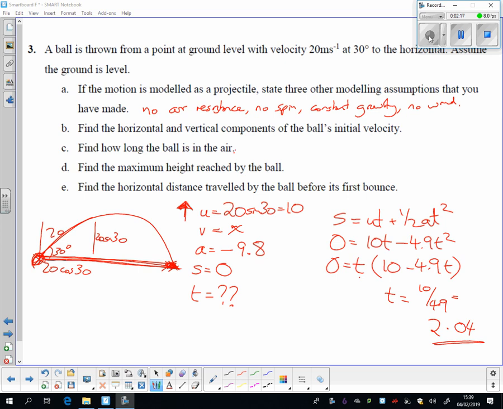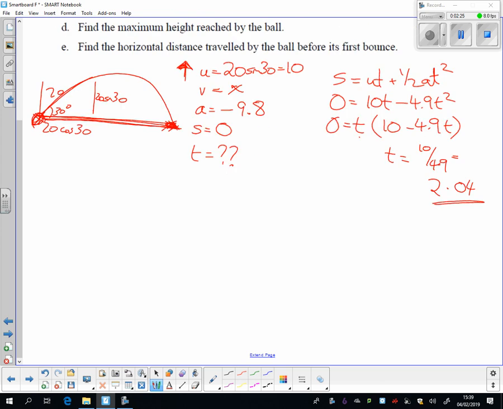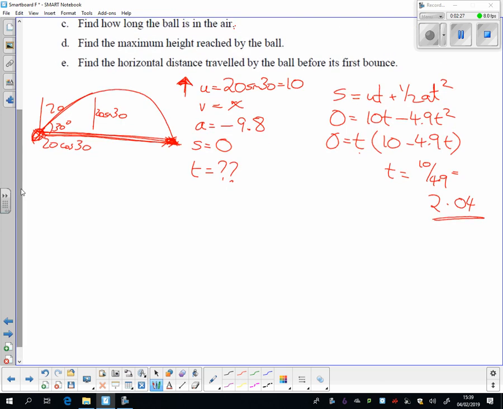So we've got more to do on that, haven't we? The maximum height reached. So move down. So the maximum height reached, again, I'm going to change colour now. Again, we're going to go in the up direction here. Again, we've got u is equal to 10. At the maximum height at the top there, we know v is equal to 0. a is equal to minus 9.8.